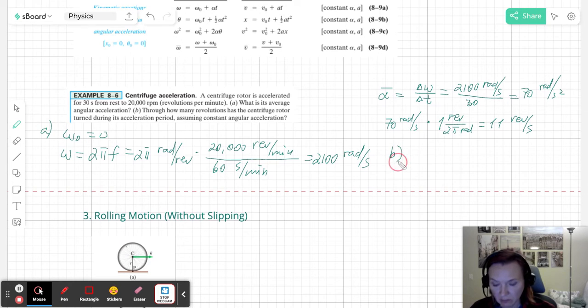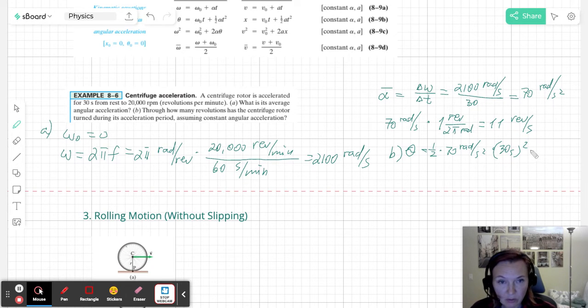For part B, we will have to calculate the angle theta. So it's this formula. Again, omega 0 is 0, so we're just multiplying 1/2 times 70 times t squared. So we will get theta equals 1/2 times 70 radians per second squared times our 30 seconds, squared.